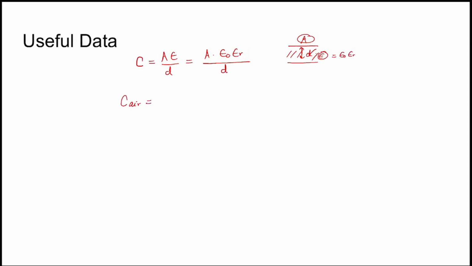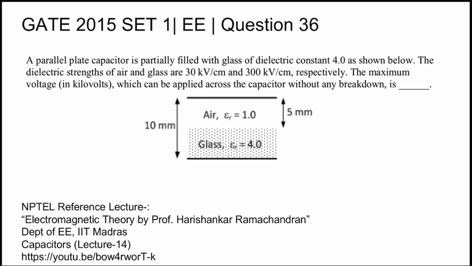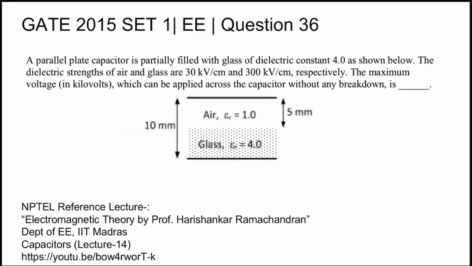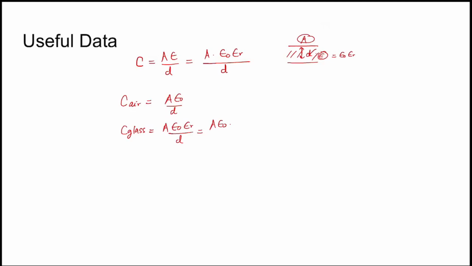Now C of air equals A epsilon naught by D. C of glass equals A epsilon naught epsilon r by D, where epsilon r is given as 4. So C air times 4 is C glass.